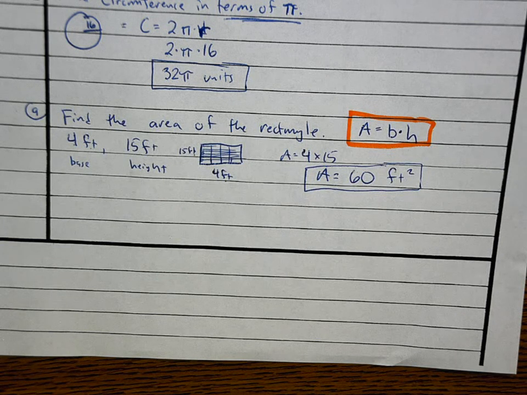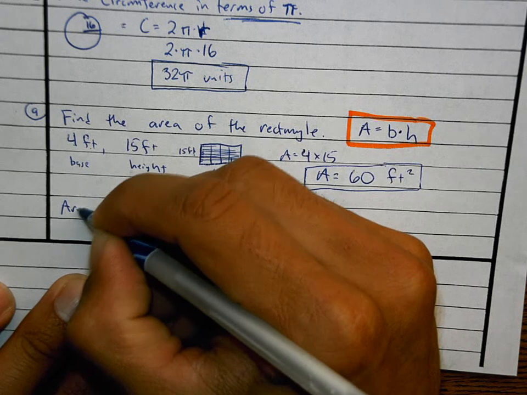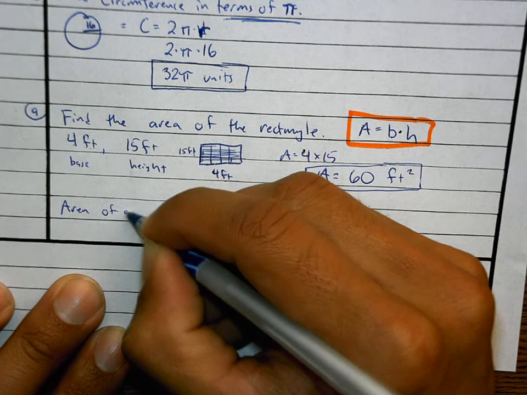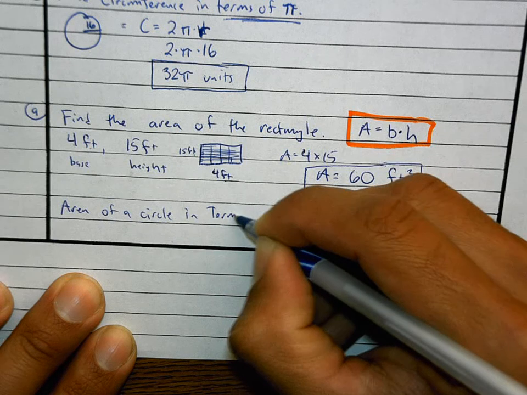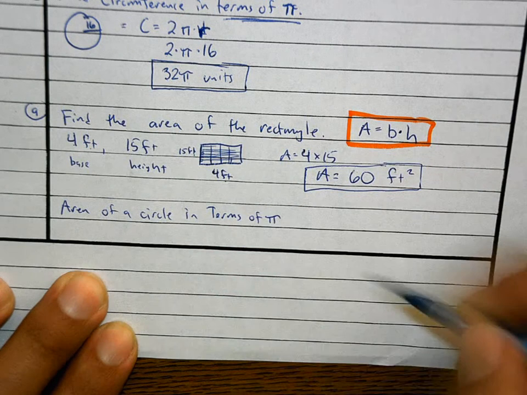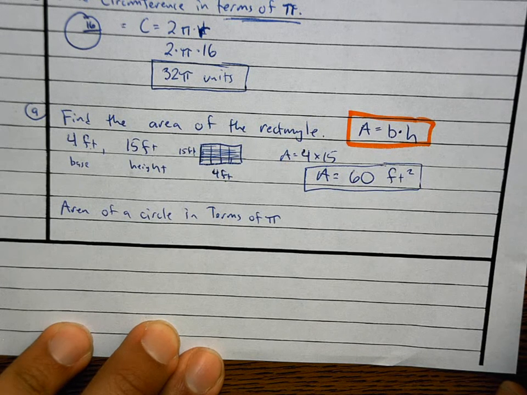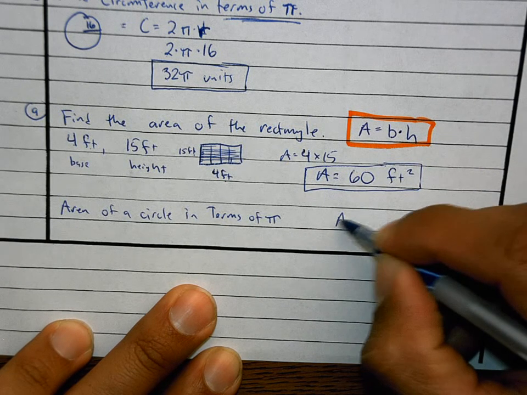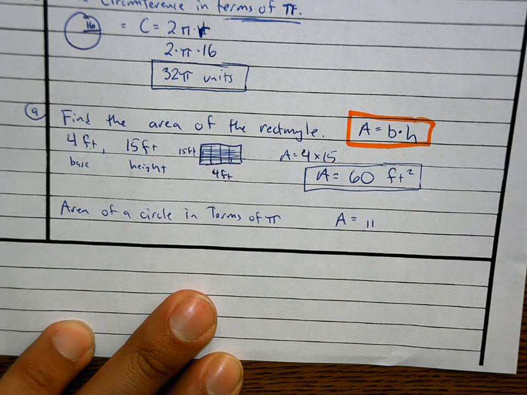Okay, what about area of a circle? Area of a circle in terms of pi. Okay, let's do that one here, then I'll turn this page over. Area of the circle in terms of pi. Let's write down what the formula is. Do you know? You should have seen it some other time in your life.